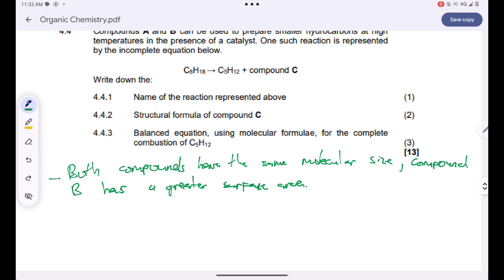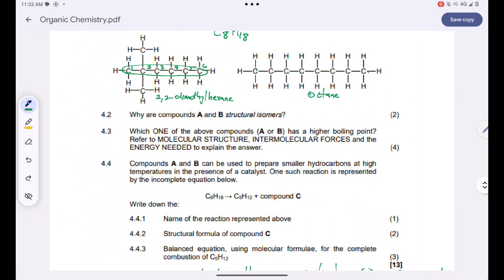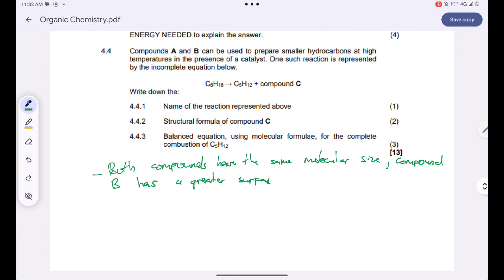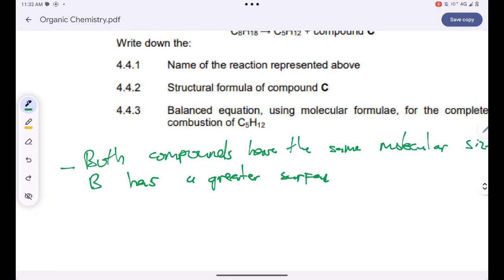When comparing these two compounds, compound B has more width compared to compound A. Compound A has only 6 carbons on the parent chain, while compound B has 8 carbons. Since compound B has more width, we say that it has a greater surface area.